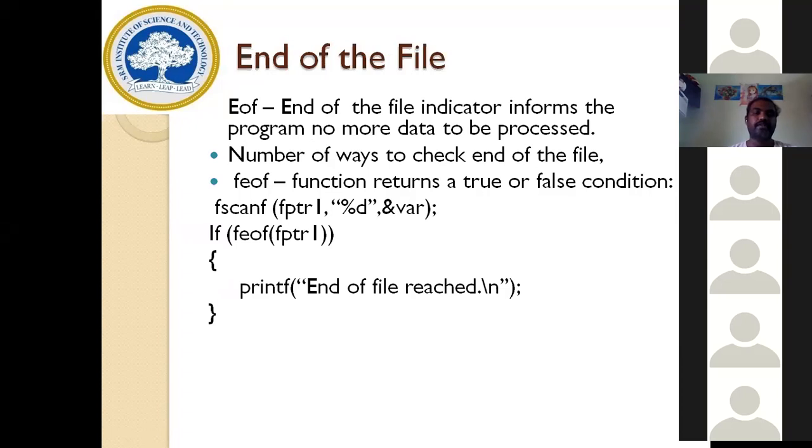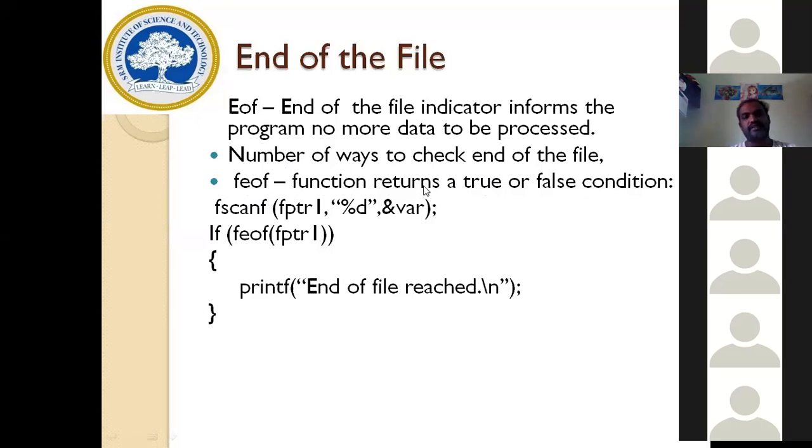So it is like an indicator. There are no more data waiting to be processed. There are several ways to check the end of the file. One way is by using feof. So F represents the file and EOF represents the end of the file.